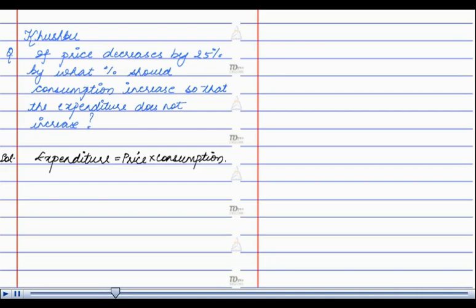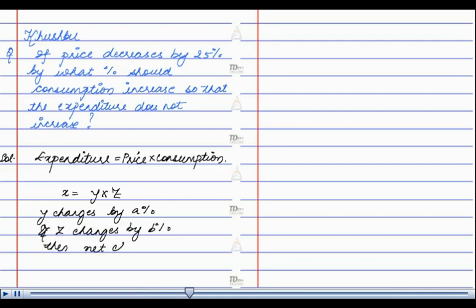If an equation of the form x is equal to y into z has been given, and y changes by a% and z changes by b%, then the net change in x will be a plus b plus a into b by 100.